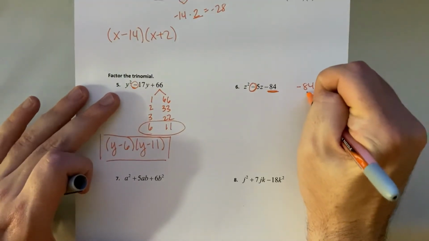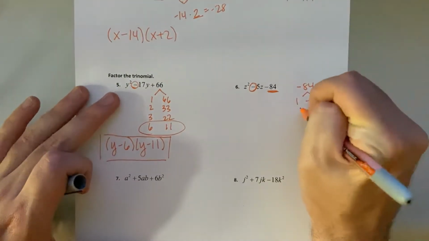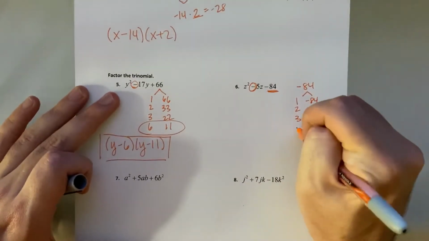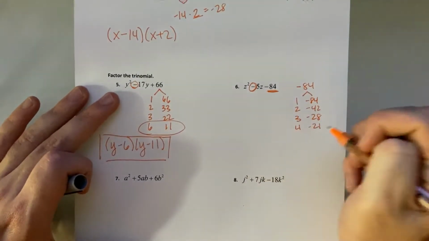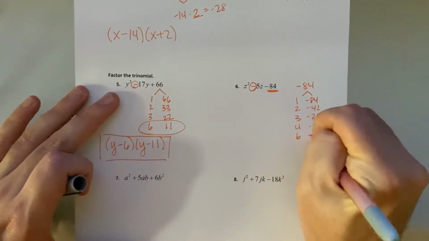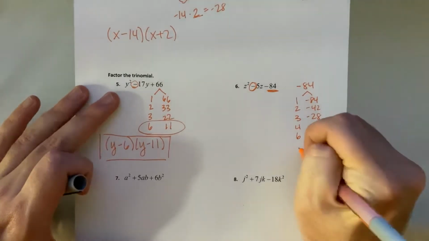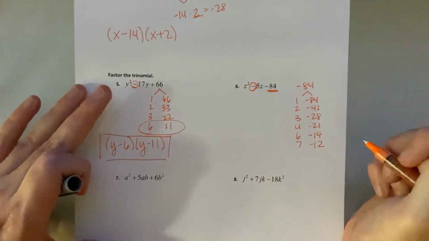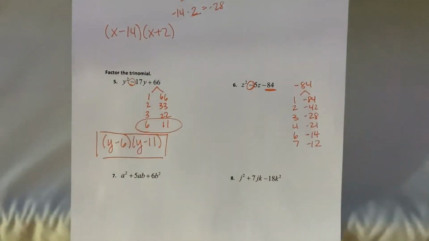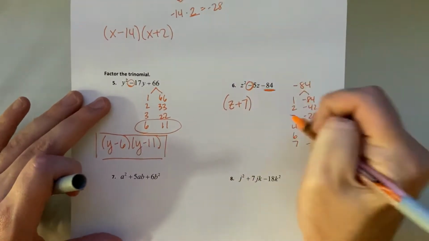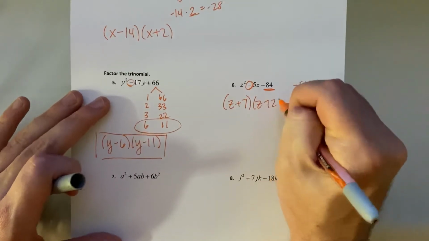So, okay, 1 and negative 84, 2 and negative 42, 3 and negative 28, 4 and negative 21. 5 doesn't go in. 6 and negative 14. 7 and negative 12. Okay, finally found one. 7 and negative 12. That means my factors are z plus 7 and z minus 12.